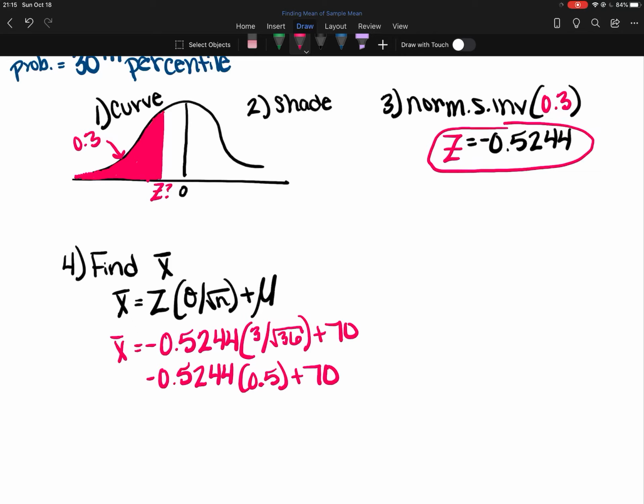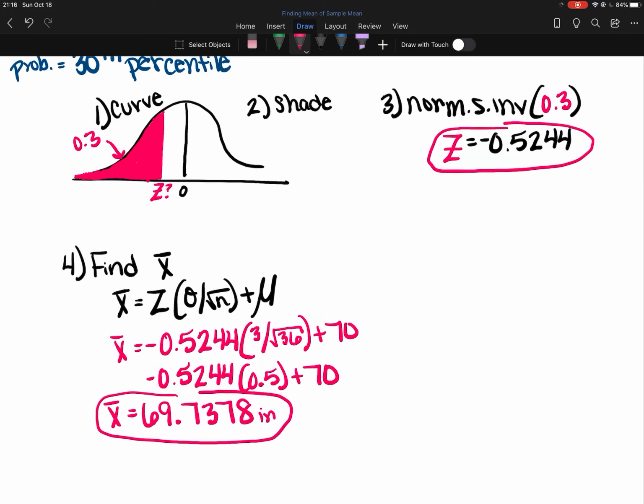Negative 0.5244 times 0.5 plus 70. So x bar, the sample mean that is in the 30th percentile, is 69.7378 inches. And that is our answer.